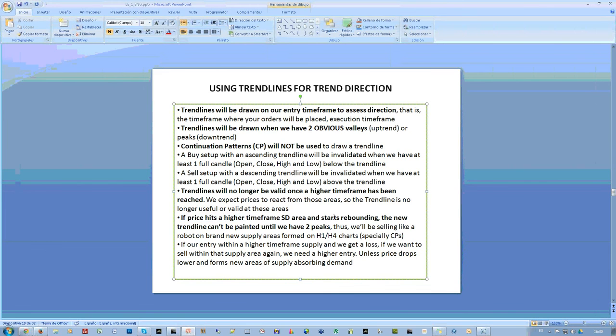If price hits a higher time frame supply and demand area and it starts rebounding, when it just hits, the new trend line can't be painted until we have 2 peaks. And also, trend lines will no longer be valid once a higher time frame has been reached. A higher time frame is the daily, weekly, and monthly chart. We expect prices to react from those areas, so the trend line is no longer useful or valid. This was the trend line.